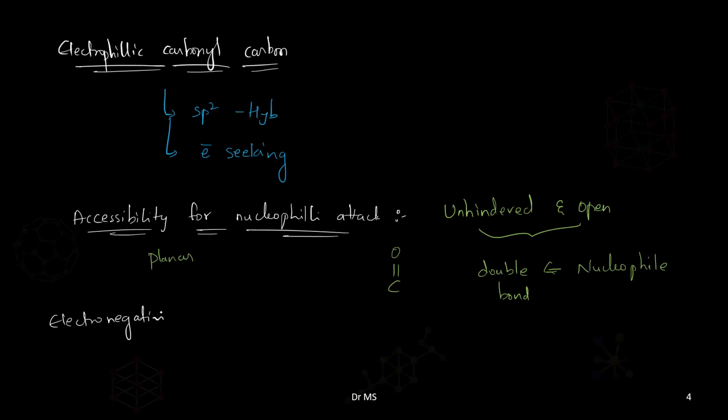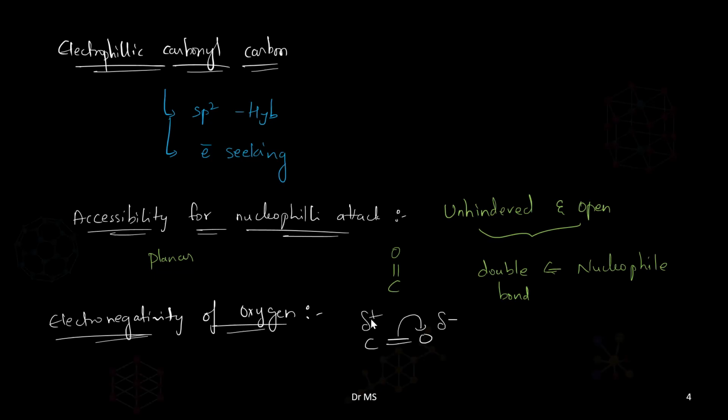Electronegativity of oxygen. So why do we see the electronegativity of oxygen? First, suppose the carbon double bond O, if the oxygen is not electronegative, it cannot pull the electrons towards it. And if it cannot pull the electrons towards it, it cannot become partially negative and the carbon cannot become partially positive.